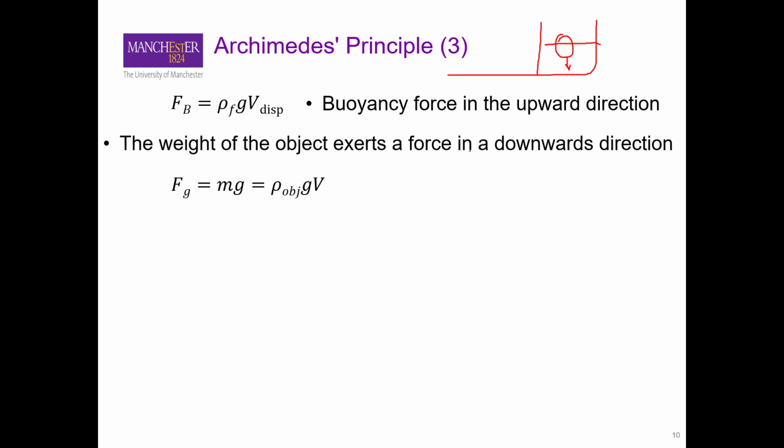Okay, so the net force on this object will be the balance of the buoyancy force and the weight force, and we can write the net force as Ft is equal to mg minus rho F g times the displaced volume of the liquid.